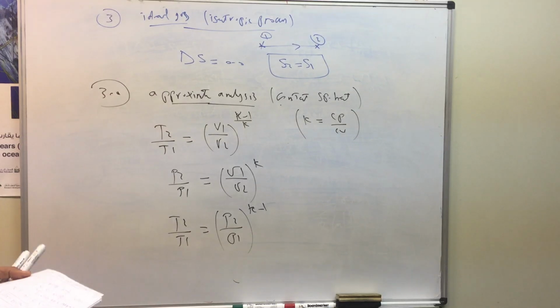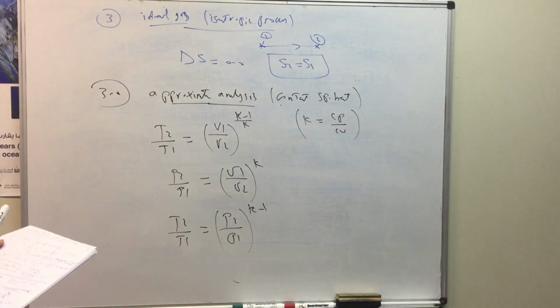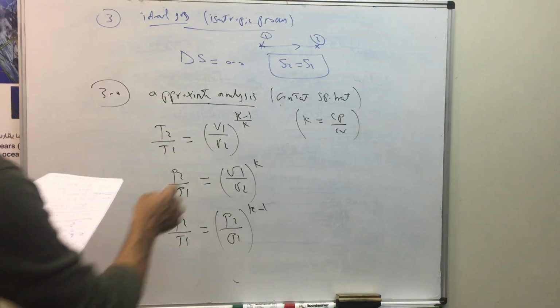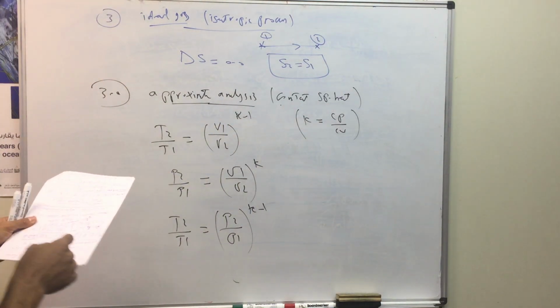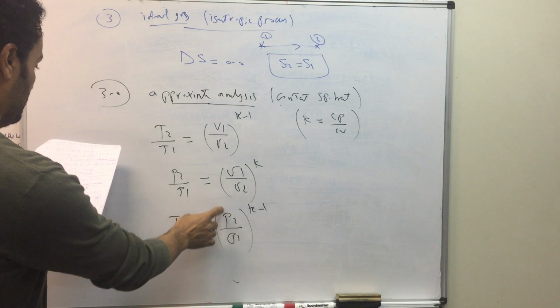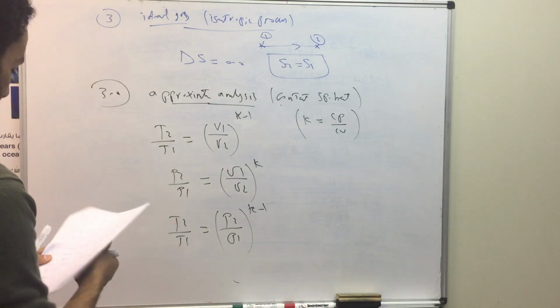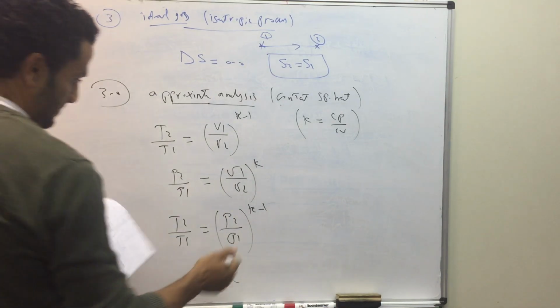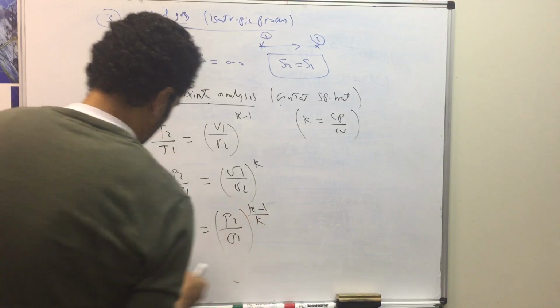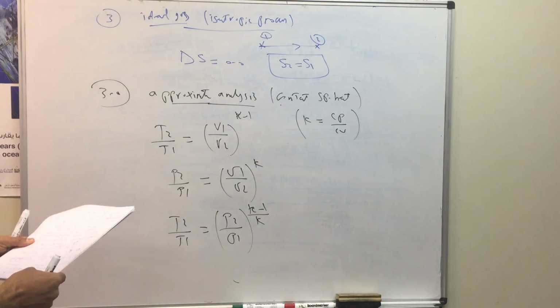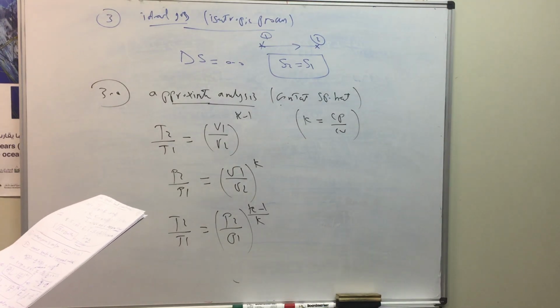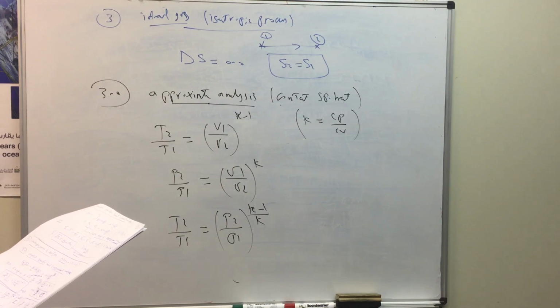T2 over T1 equal to V1 over V2 to the power K minus 1, and T2 over T1 is the same as P2 over P1 to the power K minus 1 over K, and P2 over P1 is V1 over V2 to the power K. Okay, so that's correct.